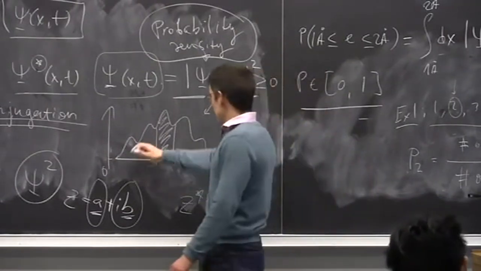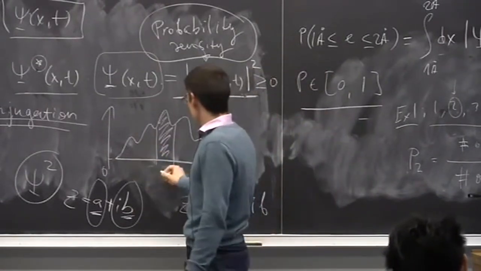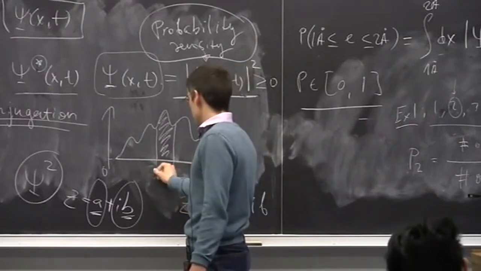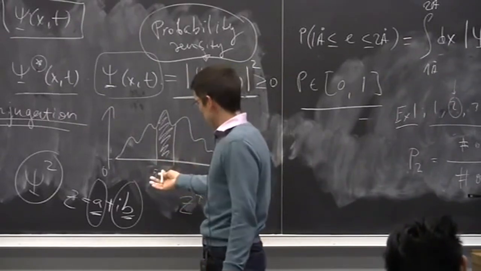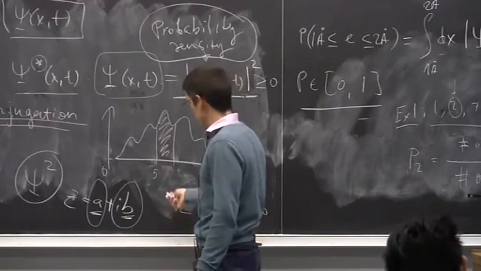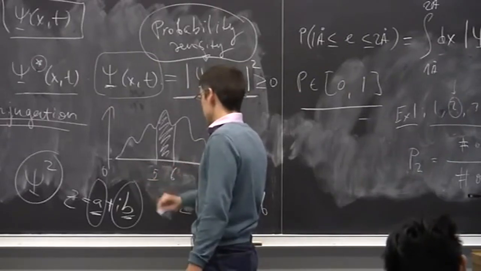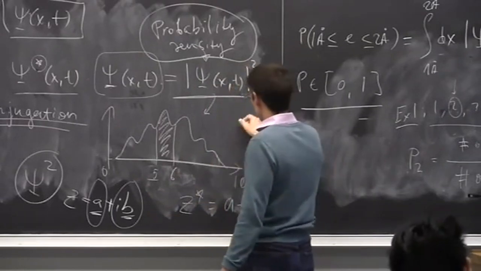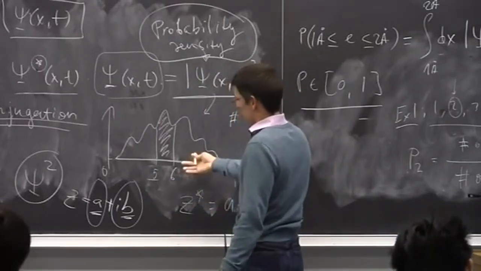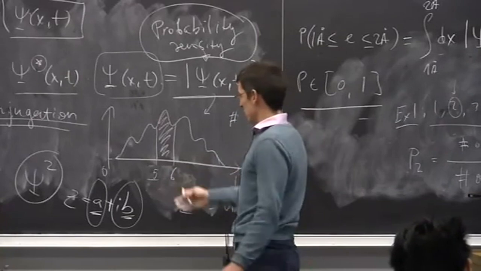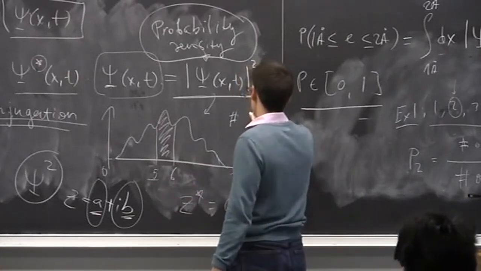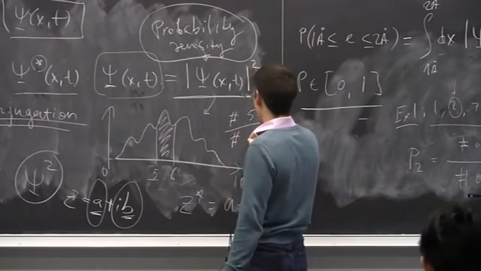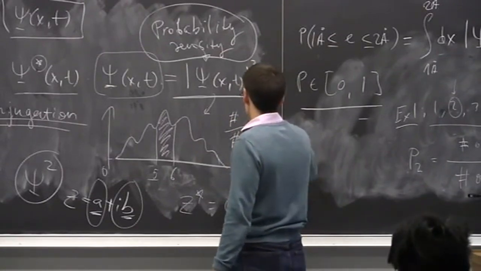But it's a continuous function, and you can only ask questions like: what's the probability to find a watermelon which has a weight between 5 and 6 kilograms? What do you do for that? You count all the watermelons that are heavier than 5 but lighter than 6, and divide by the number of all watermelons.